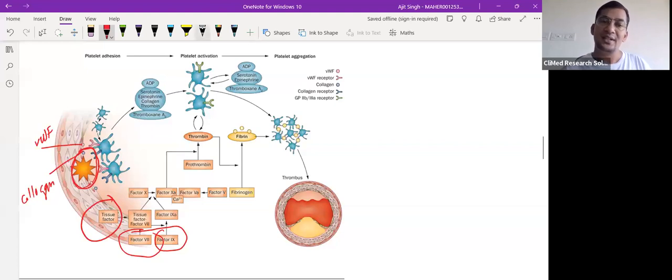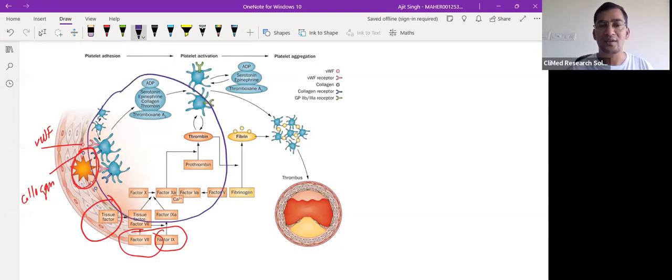First thing, let's understand once again. Injury has happened, the endothelium is injured, and it has secreted multiple elements like von Willebrand factor, and then collagen, then tissue factor, then factor 7 and factor 9. Now this is your entire vessel, and here the blood is circulating.